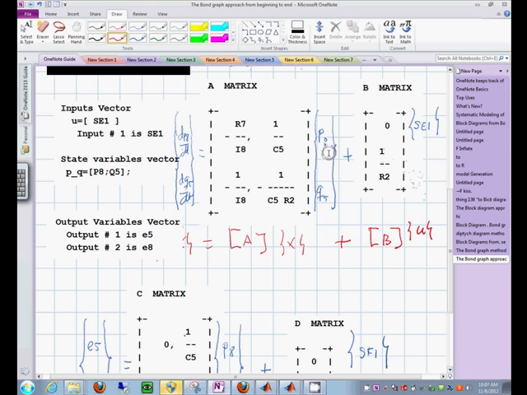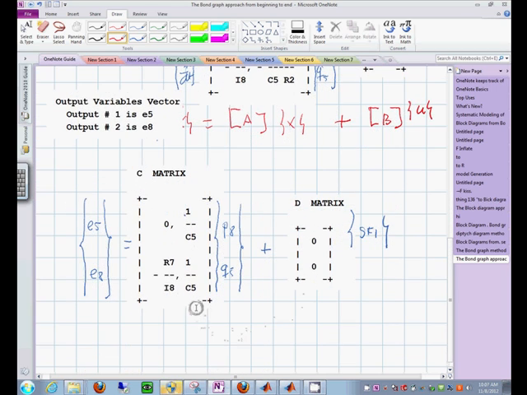See, that's what you have in here. On this one, what I wrote down is y equal to the matrix C times the state variable vector x, plus the matrix D, that is over here.